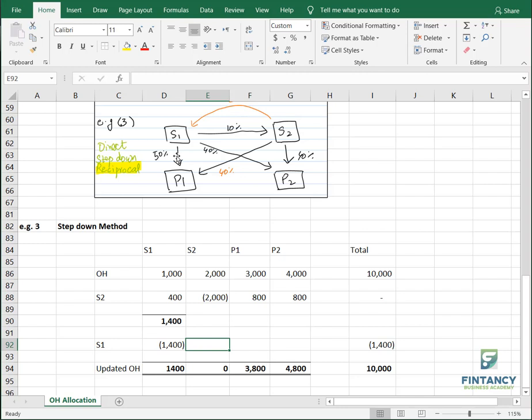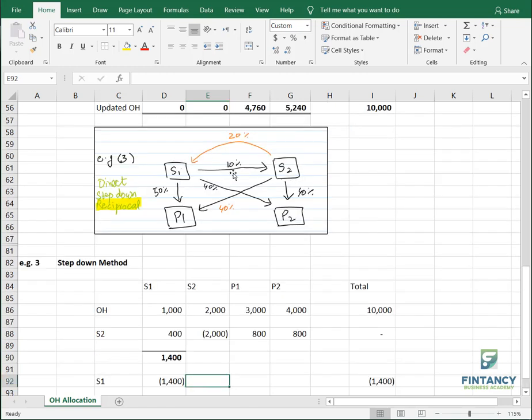Focus. Although if you see in this picture above, S1 is giving 10% to S2, right or not? See, S1 is giving 10% to S2, but you will not allocate. Why? Because this is step down method. In step down method, we only do this exercise one time, and that's why selection of the service department is very important.